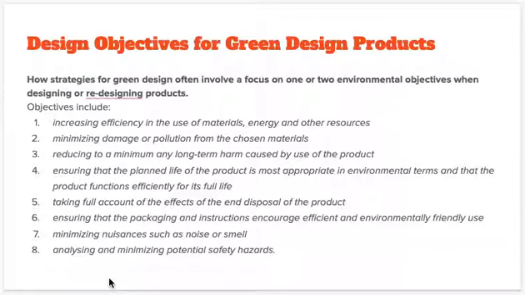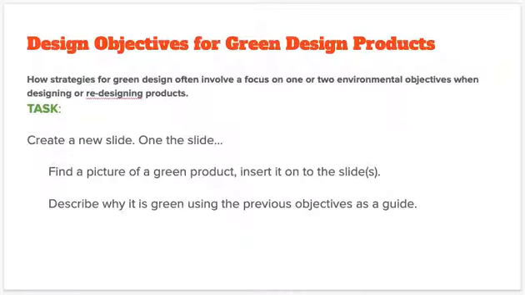You've seen a lot of these things before, but the IB gives you a specific list of 8 design objectives. Pay attention because these are objectives. Later on, we'll talk about strategies. All right, so this is big picture. What are a couple of objectives that the products try to achieve as they're created or as they're done?